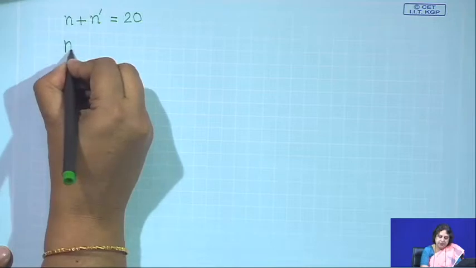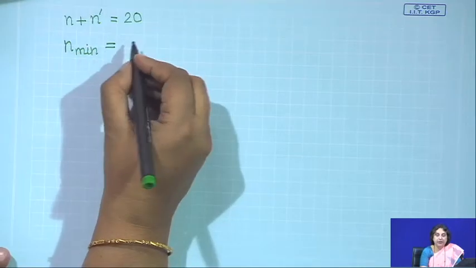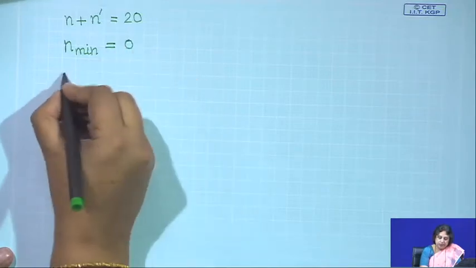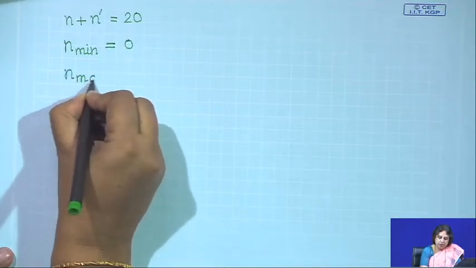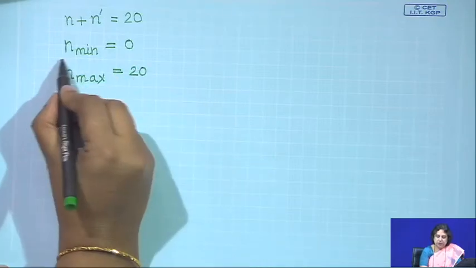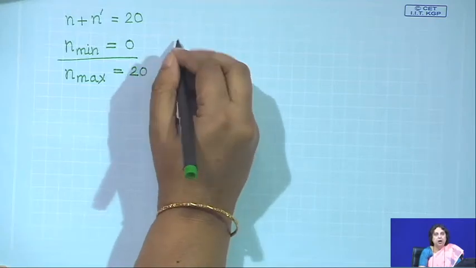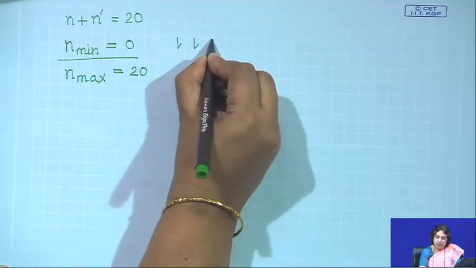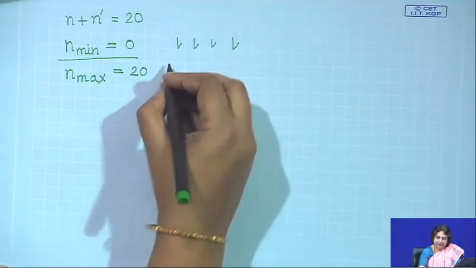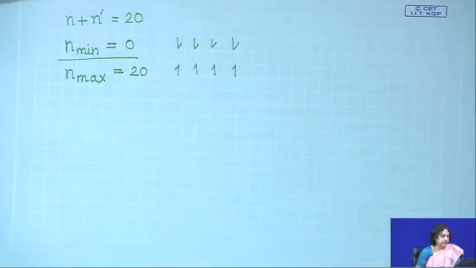So, what is n mean? The minimum value of small n, that is the number of up spins, is equal to 0, and the maximum value of the number of up spins equal to 20. So, for this set, I will have all down spin particles, and here I will have all up spin particles.